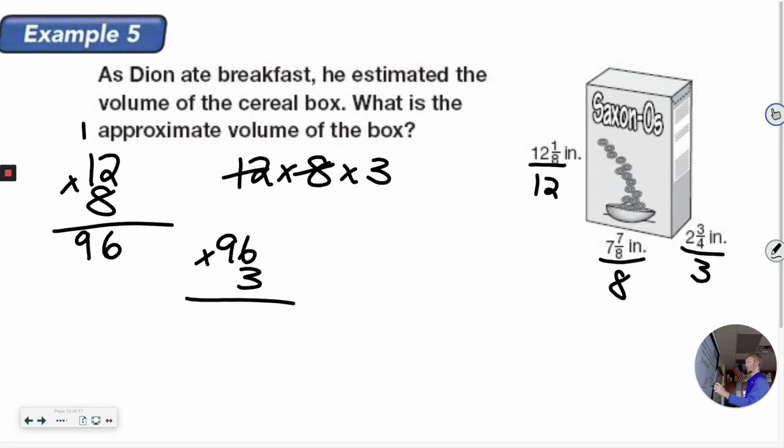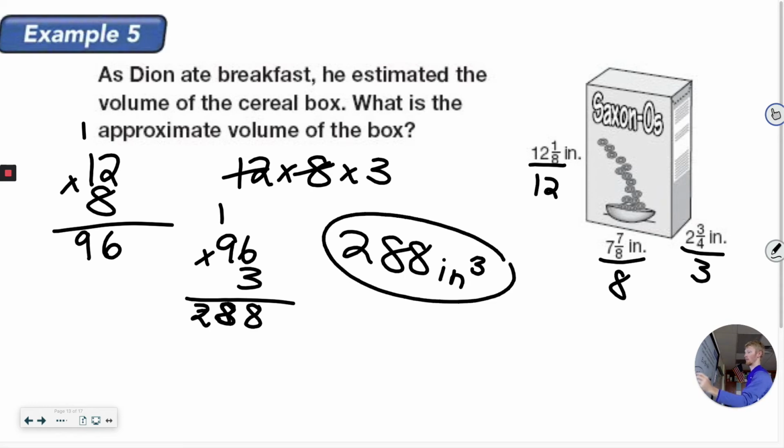That gives me 3 times 6 is 18. 3 times 9 is 27, plus 1, 28. So 288 inches cubed would be my volume.